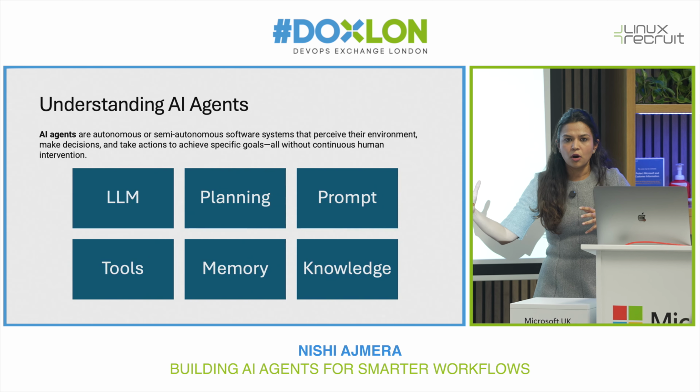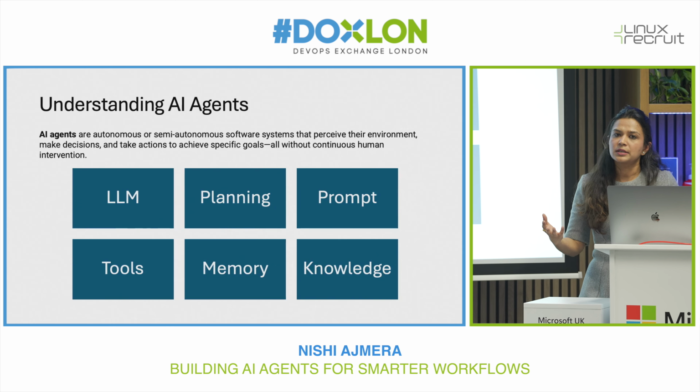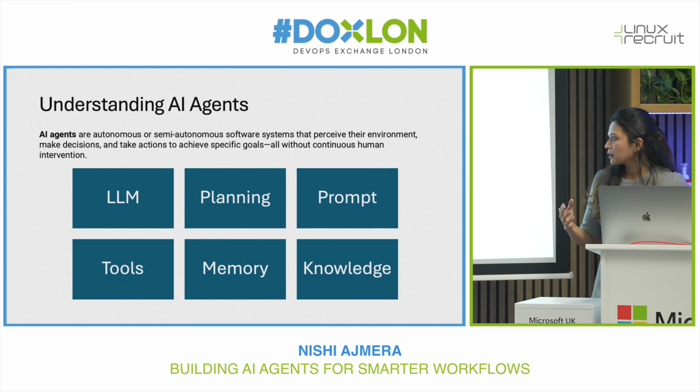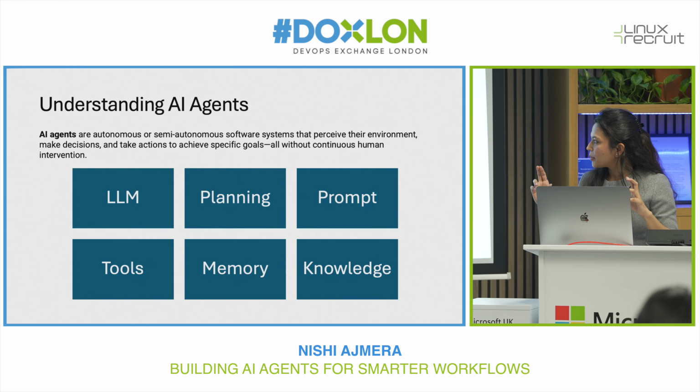And you can use this long-term memory to make the experience more personalized. So that's a bit about memory. And the last thing is knowledge. Knowledge is any external information which you want to provide to your agent to help it make better decisions to perform a particular task.